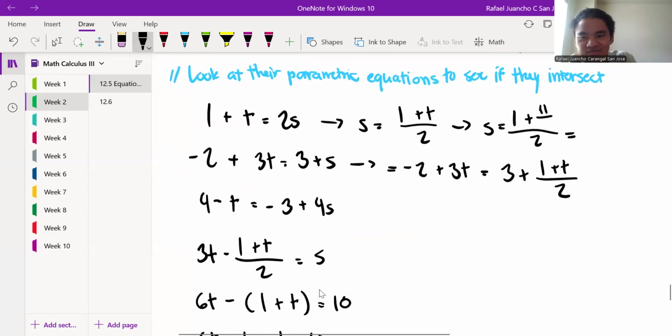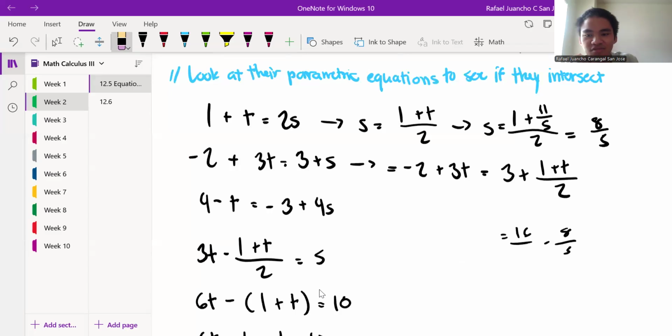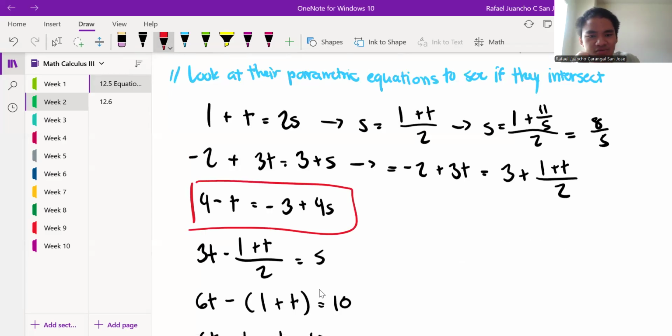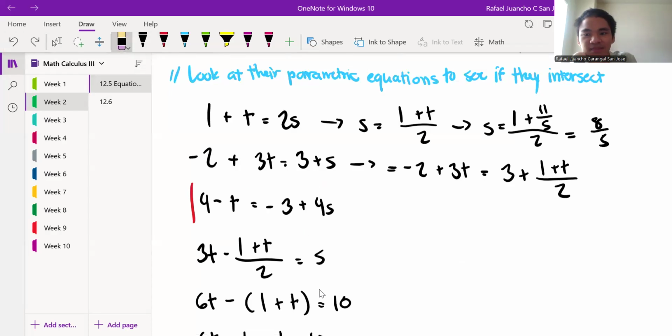So we got 16 over 5, over 2, which is 16 over 10, divided by 2, so that's 8 over 5. So now we have some s and we have some t value. If we try plugging it into this next one, it should satisfy, right?